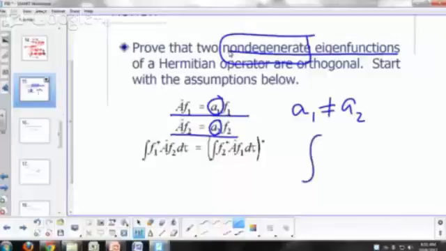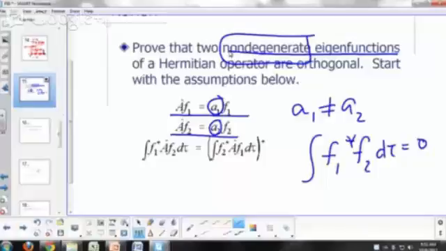What does orthogonal mean? That means the integral of f1 star f2 d tau must be equal to 0 for f1 and f2 to be orthogonal. Okay? So A is Hermitian, so that means this integral right here, f1 star a hat operating on f2 d tau, if you flip the roles for f1 and f2, so you put f2 here instead and f1 over here, and take the complex conjugate of the integral, that's the definition of a Hermitian operator, right?